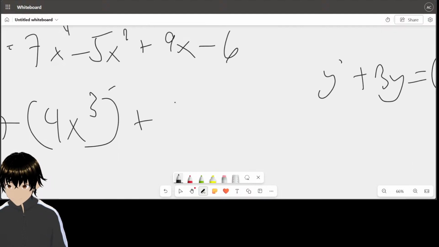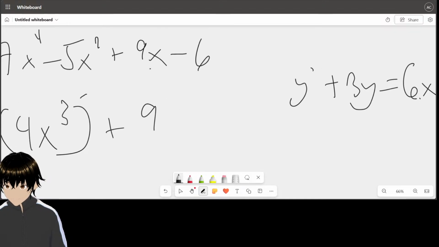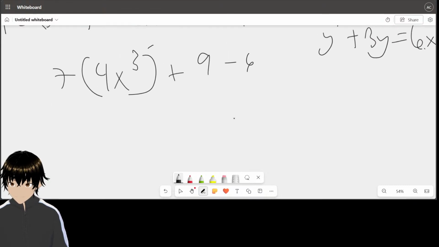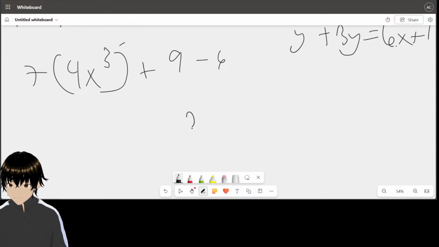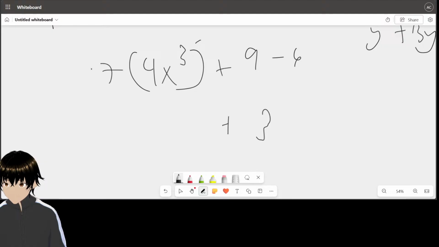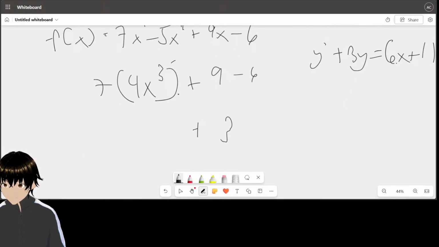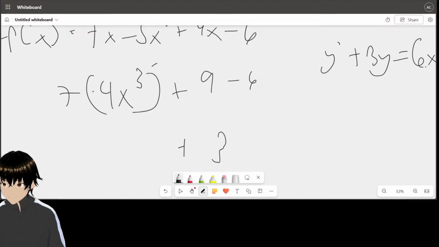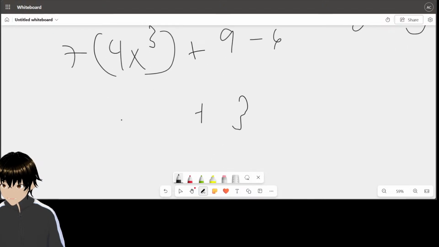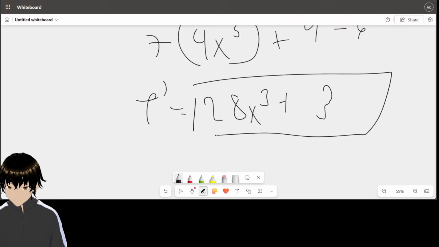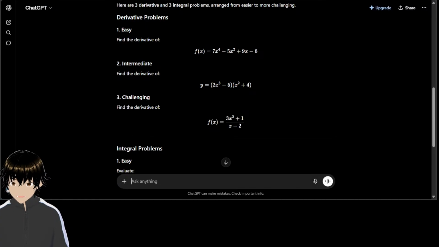You basically got 9 times 1 here, and it's going to be 9 minus 6. It's just going to be 3. 7 times 4. 7 times 4, what the hell? Oh no, 7 times 4 is 28. 28x cubed. That's going to be f prime equals 28x cubed plus 3.